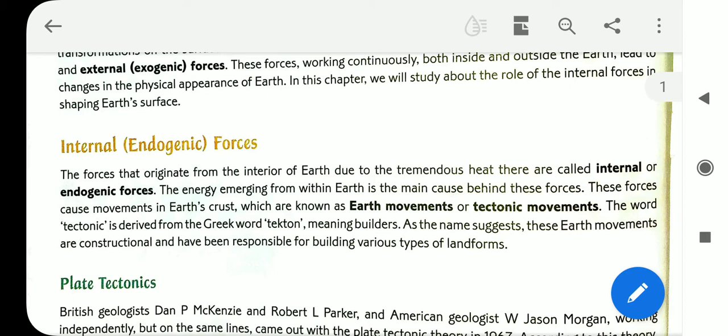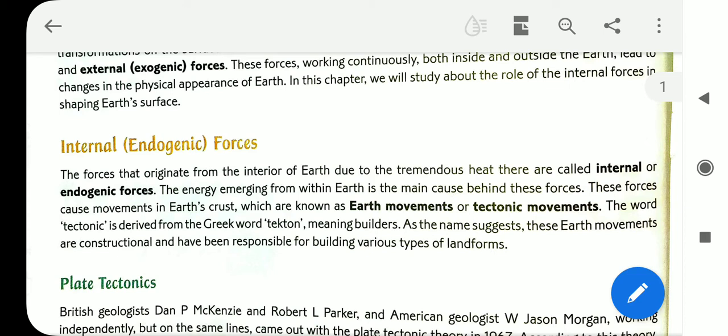The energy emerging from within the Earth is the main cause behind these forces.